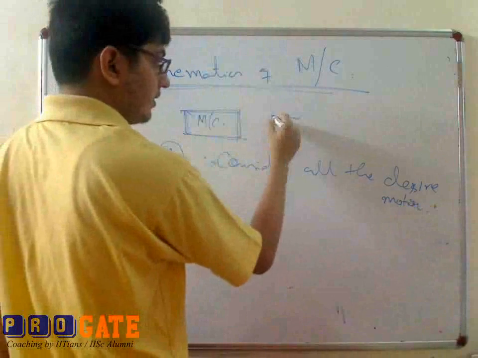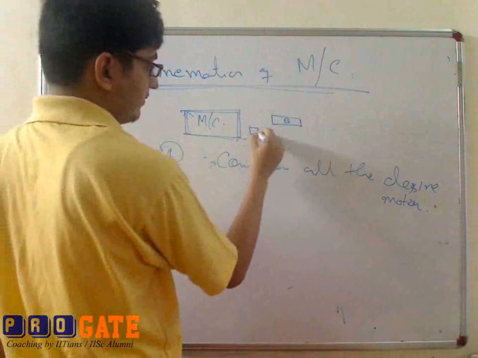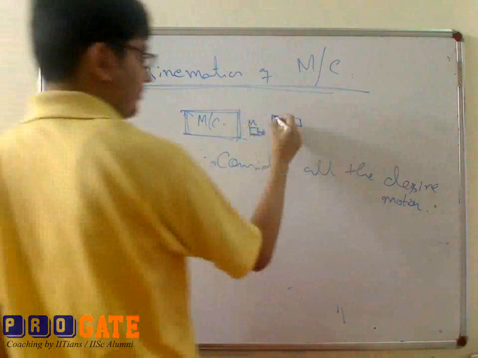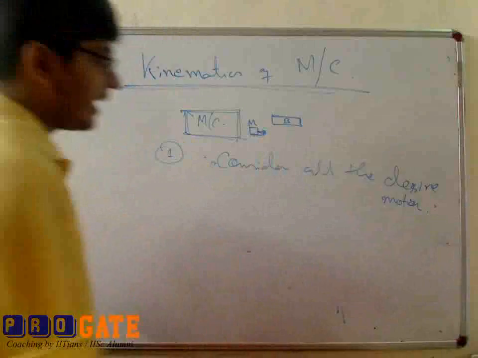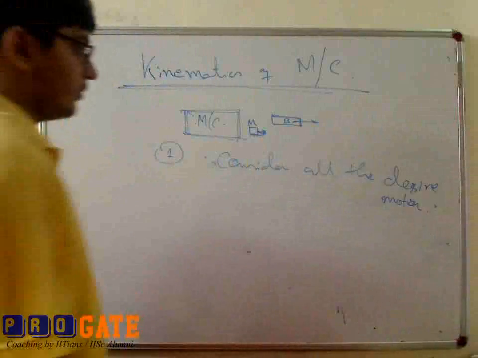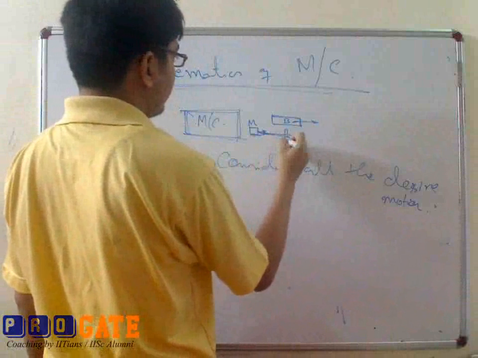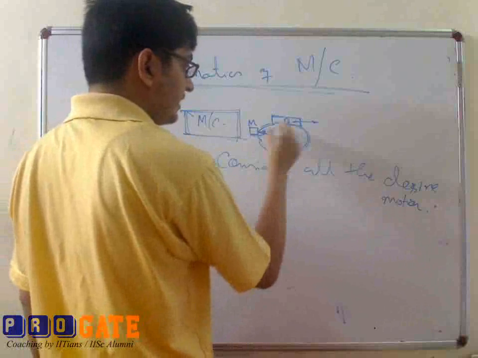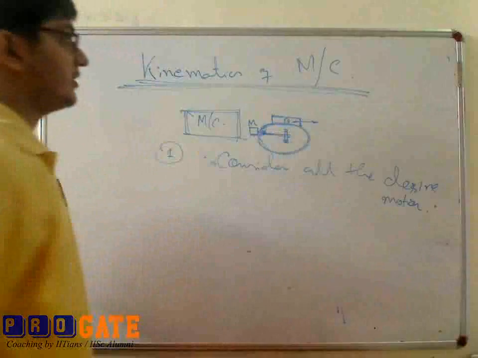Say I have this plate B and a motor M. This electrical motor generates rotational motion, but I want a translational motion of this plate B. So what do I require? I require a kinematic mechanism. The design or analysis of this part is this topic, kinematics of machine.